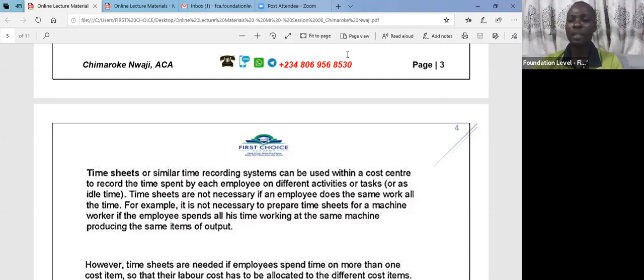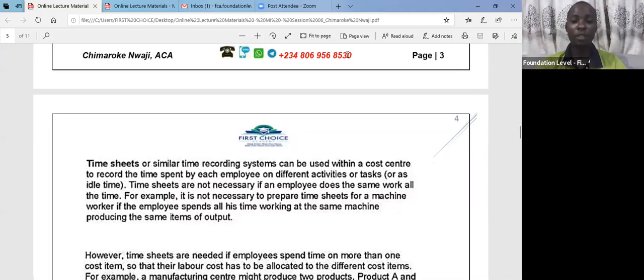How many hours are spent on task 2? You move to task 3. How many hours do you spend on task 3? You check all of these because it's possible that these tasks have different wage rates. So you need to know how many hours you spend on each of the tasks.